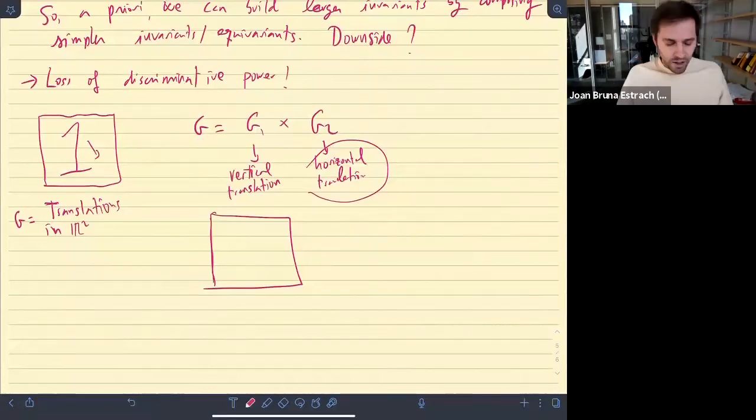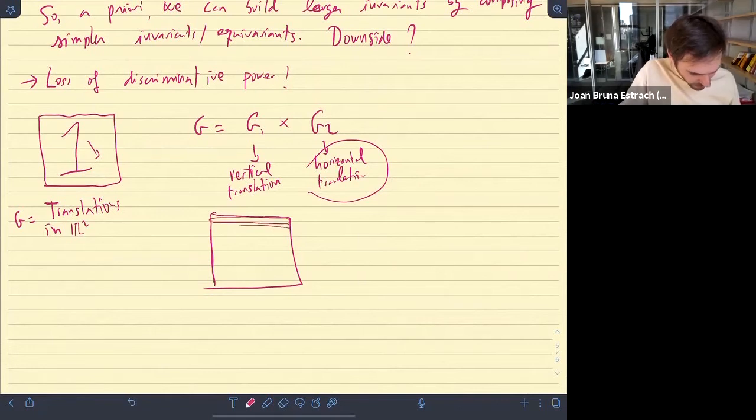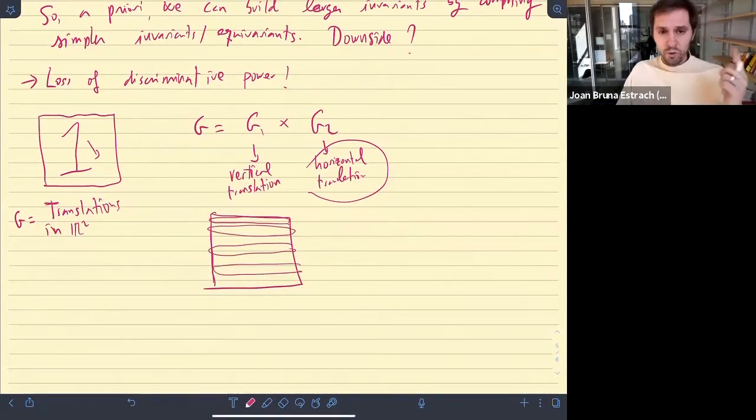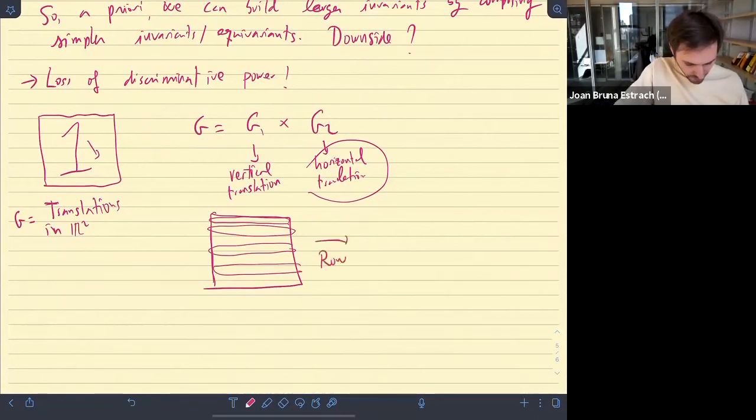So I could just say, why don't I look at every row separately, have a representation that is invariant to translations in the row, and then take the output of this. So basically I have a row-by-row shift invariant, translation invariant representation.